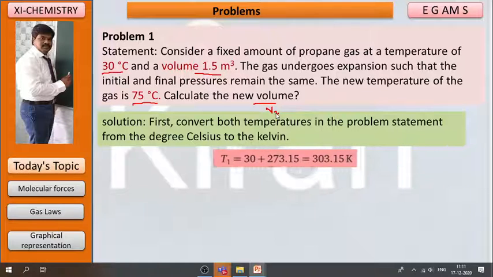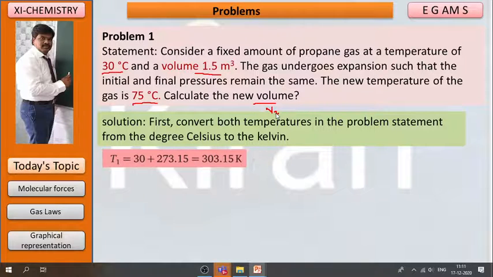We'll see it. The first step is converting both temperatures in the problem statement from the degree Celsius to the Kelvin scale. We know that the Kelvin scale formula is capital T is equal to small t plus 273. Small t they have given, so 30 plus 273, that is T1.